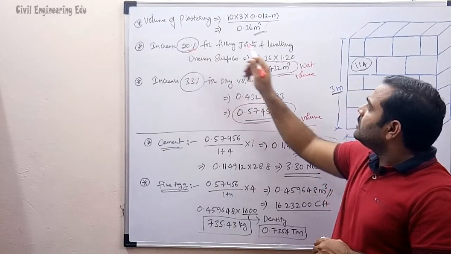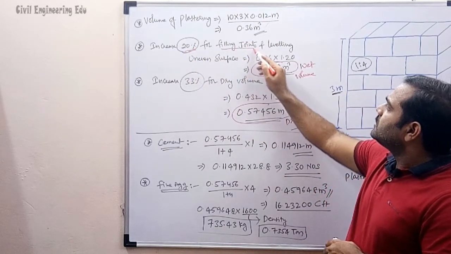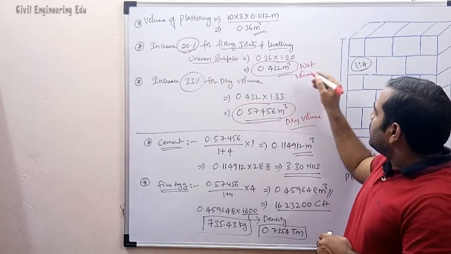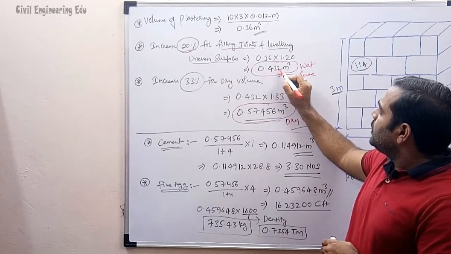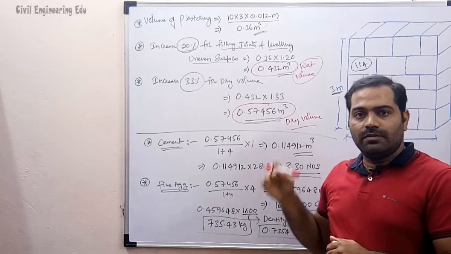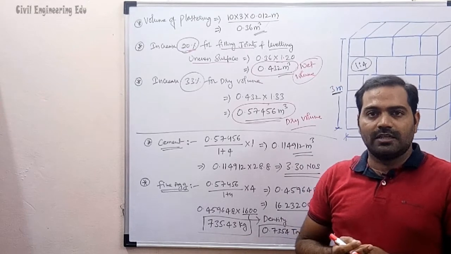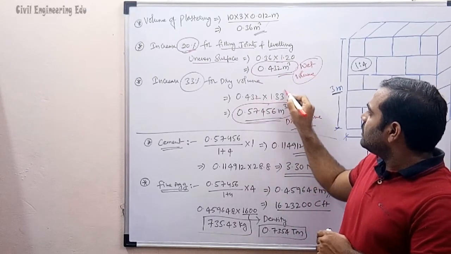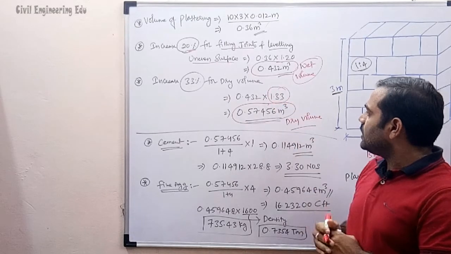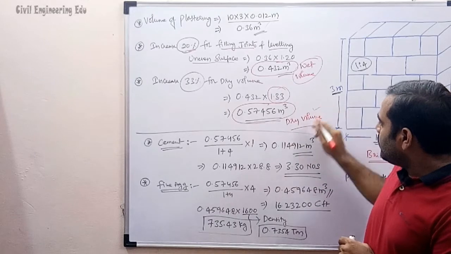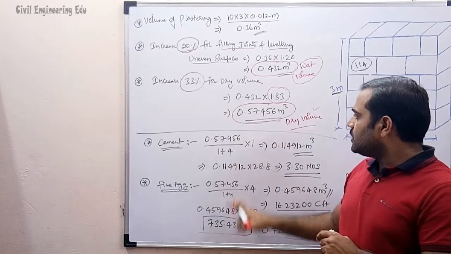This is to fill the joints and also level the uneven surfaces. So I got 0.432 meter cube. This is wet volume, so we are not going to calculate the materials for wet volume. We need to convert this into dry volume. To convert this, I multiplied with 1.33. So I got 0.57456 meter cube. This is the dry volume which I need to use for calculation.